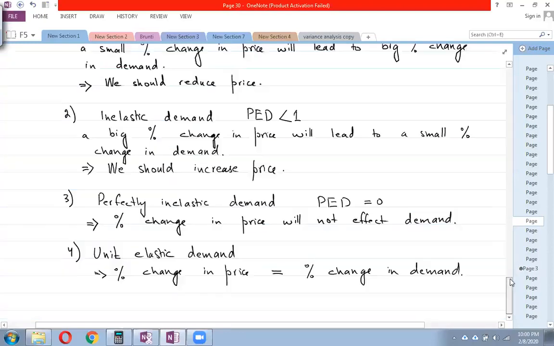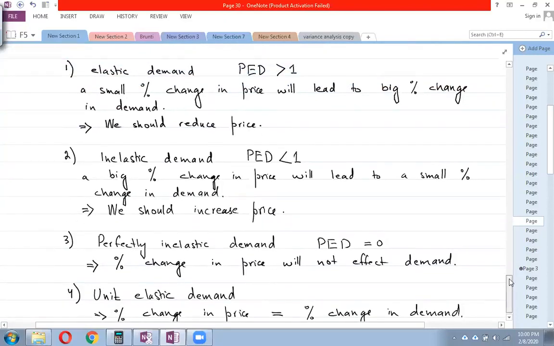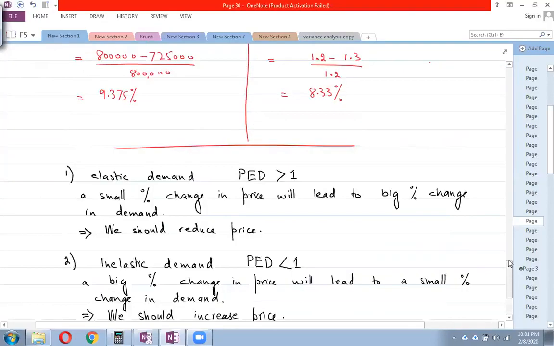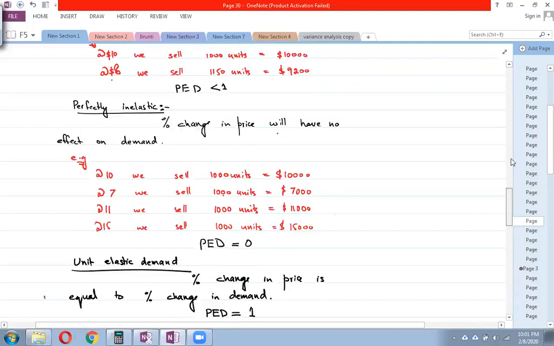Now you can actually relate to the above calculation. Percentage change in the price is equal to percentage change in the demand. I hope that you have written it down, or even if you have not, you're going to get it later on. But now you can relate it to this.